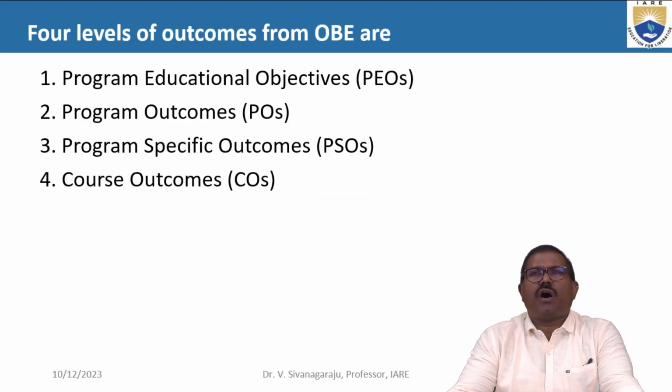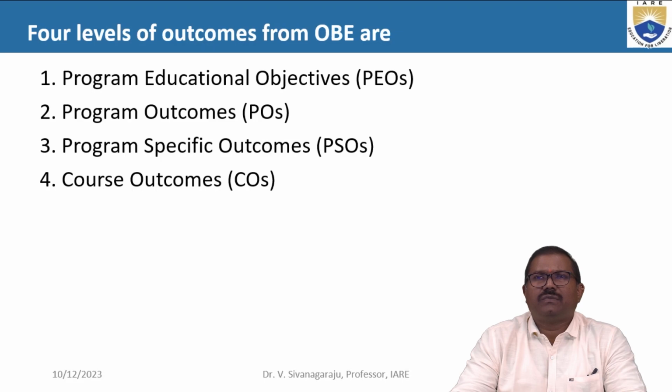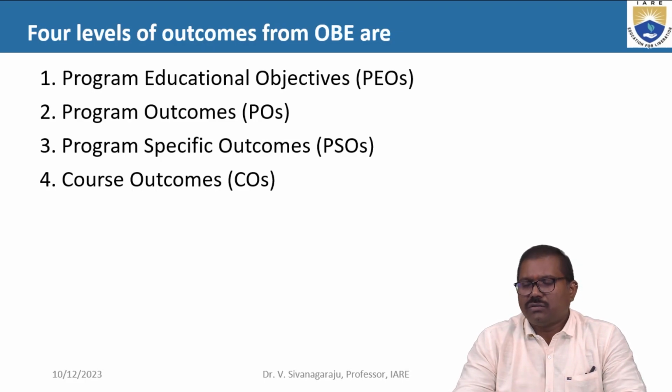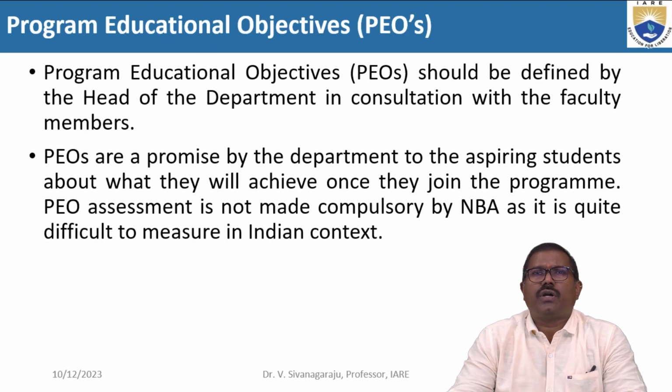So there are four levels of outcomes from OBE: one is program educational objectives, another is the program outcomes, third one is the program specific outcomes, and the last one is the course outcomes. First we go for the program educational objectives.